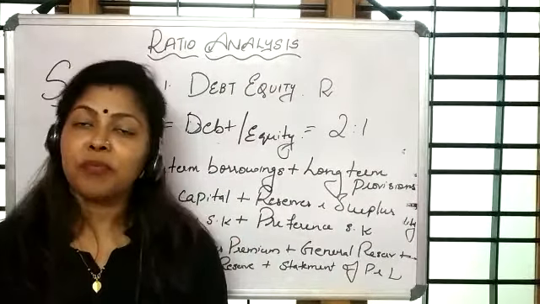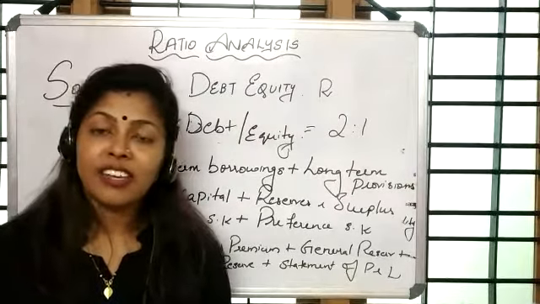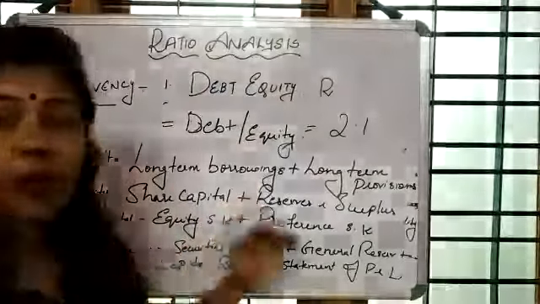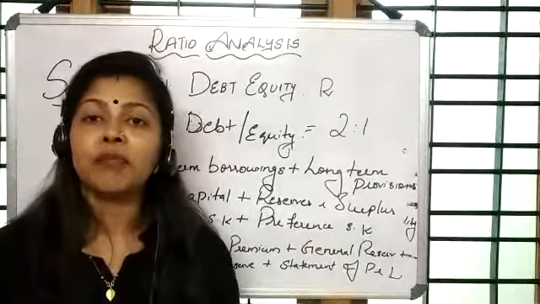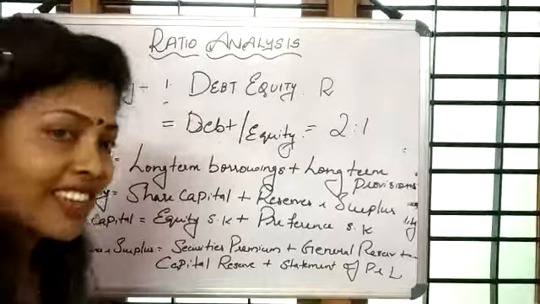Lower the ratio, better it is for the firm. And higher the ratio, highly risky it is for the firm. So here children, that is all about debt equity ratio. Now I am going to make you clear about the second ratio, that is total assets to debt ratio. Let's start.